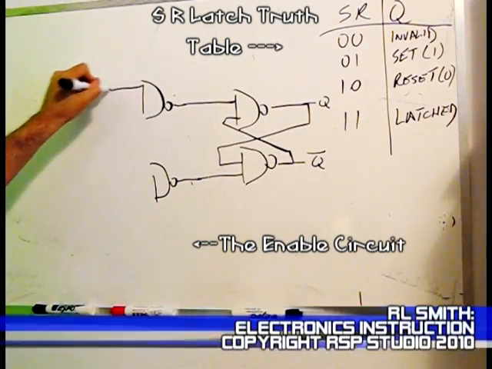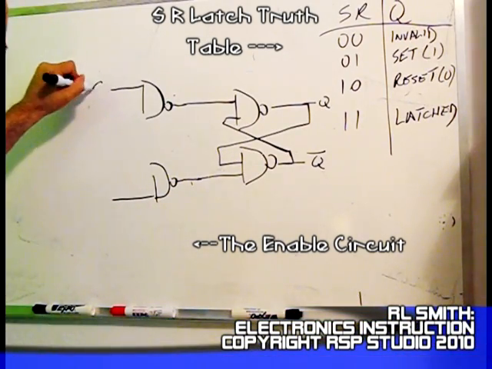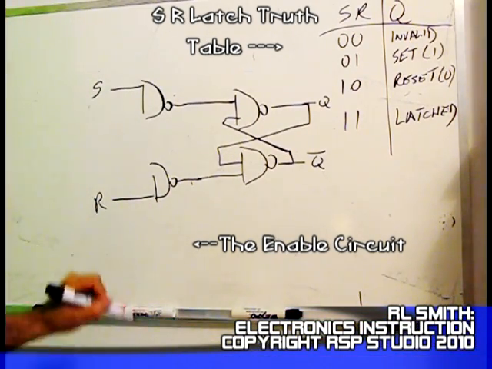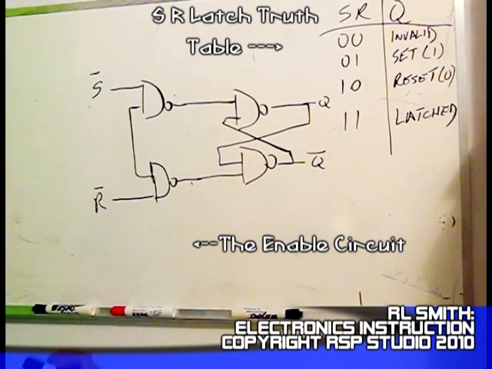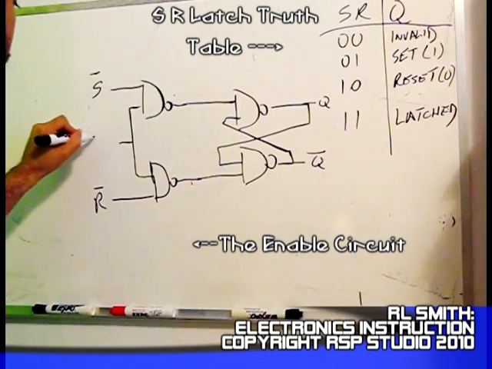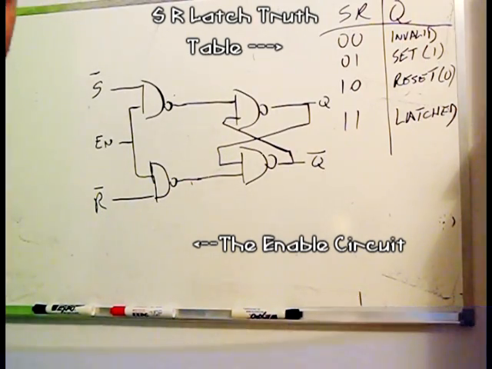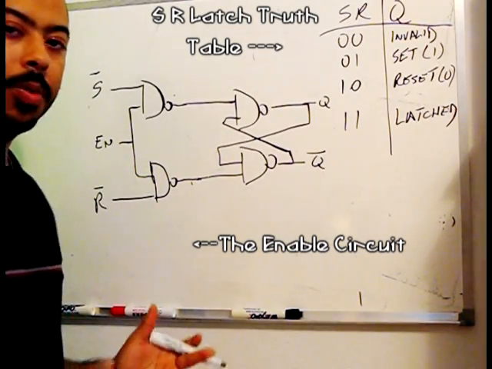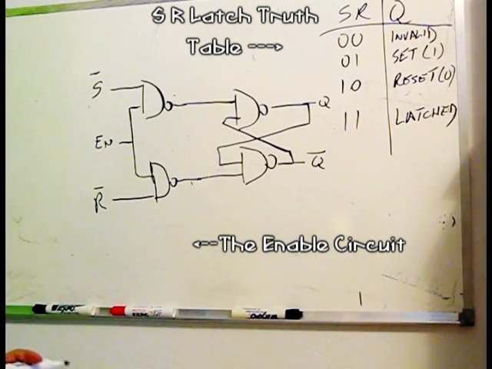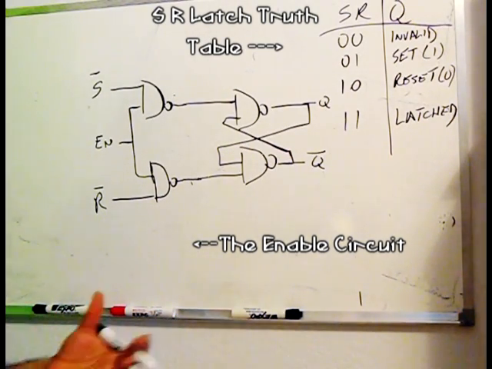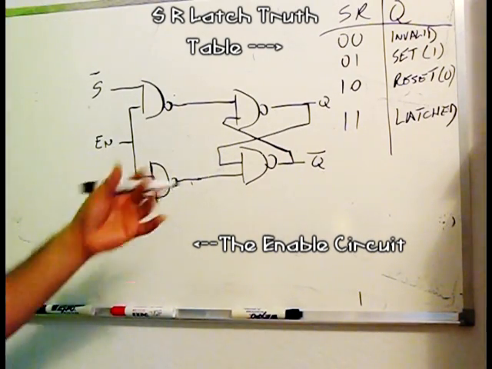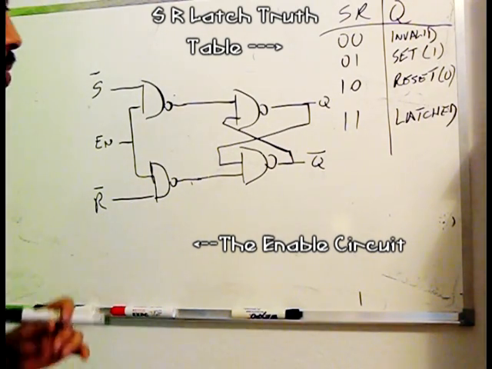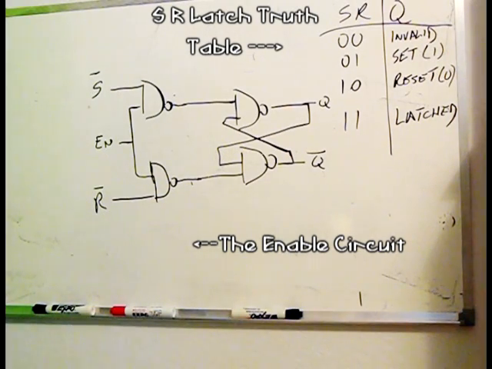And we're going to label one of their inputs S and R. And we're going to tie the other 2 legs together. We're going to call that an enable. Now, they can also be referred to as a debounce circuit, which is basically the same as an enable-disable function.